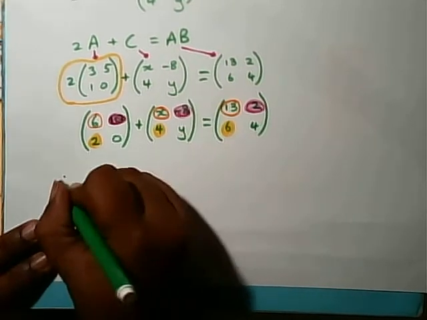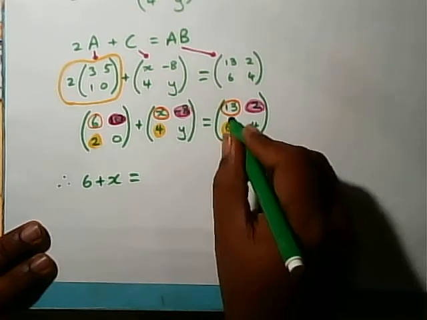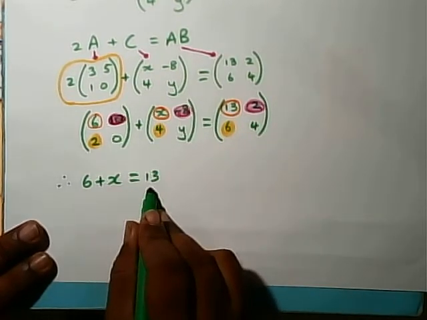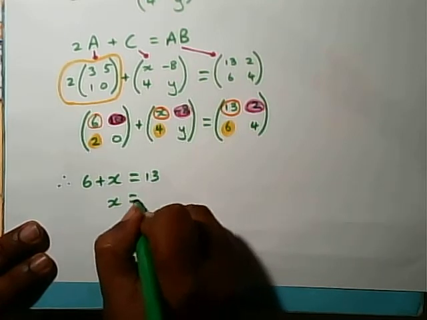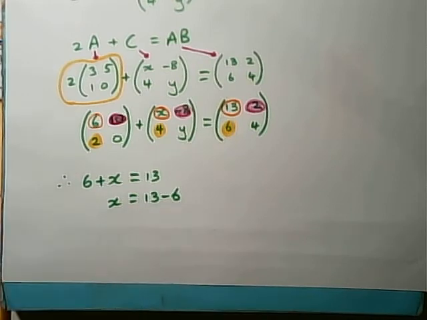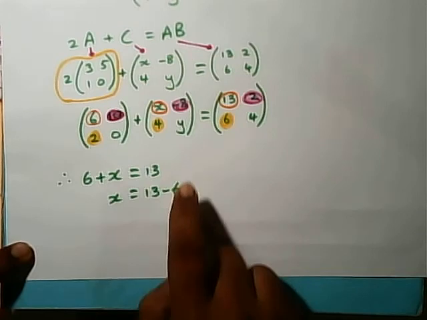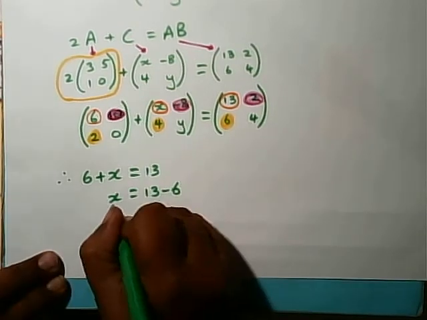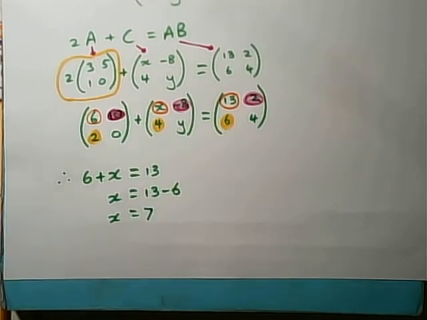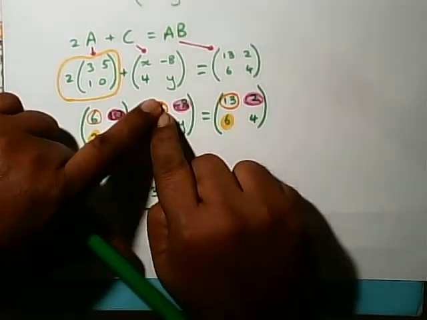So 6 add X will give me 13. 6 plus what number will give me 13? You know how we do it, right? We take the 6, carry it across, and it becomes minus 6. X is equal to 7. 6 plus 7 will give you 13.